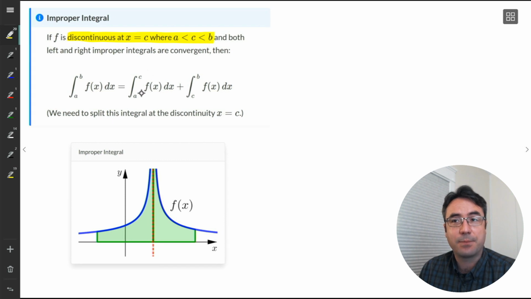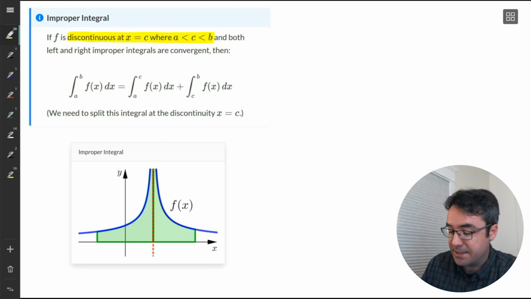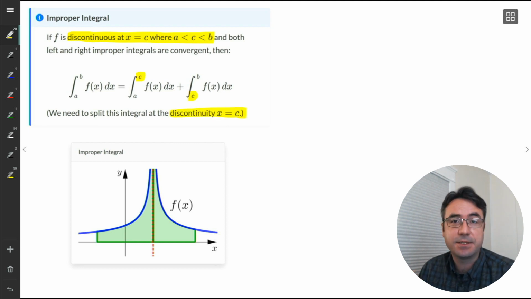Each of these is improper. And we split it up at that discontinuity x equals c. So we do the integral from a to c of f of x dx plus the integral from c to b of f of x dx. And we have to split it up right at that discontinuity. So that's an important point here.